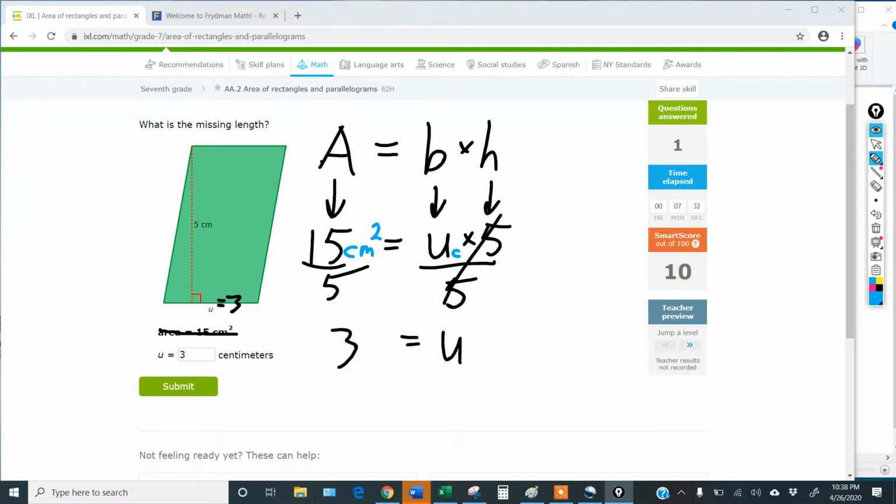And the U was in just normal centimeters, and the 5 was in centimeters also. So when we divided by 5 here, we were really dividing by 5 centimeters. And when we do centimeters squared divided by centimeters, the unit that we get as our answer would be centimeters. Okay, so 3 centimeters is correct.